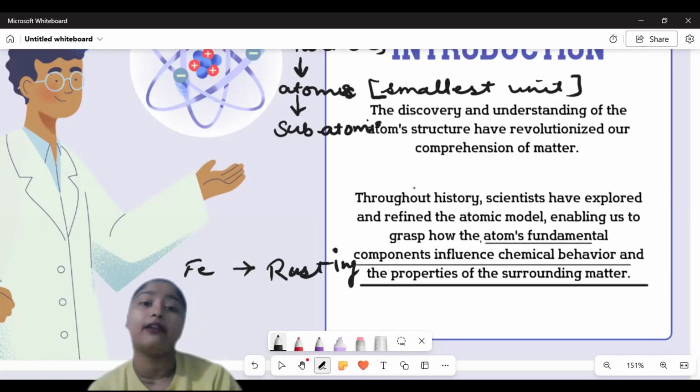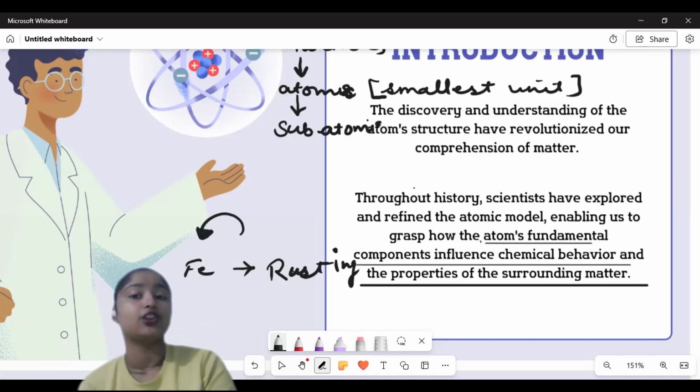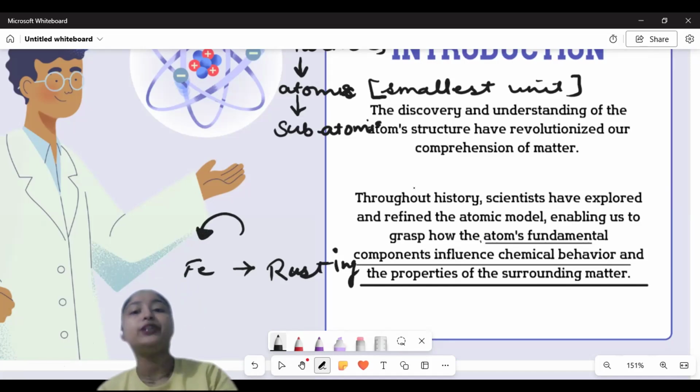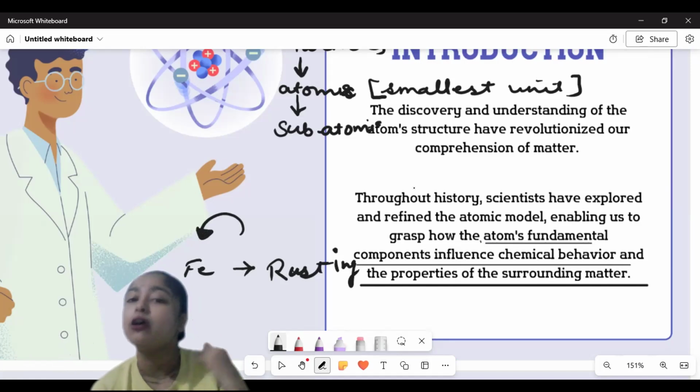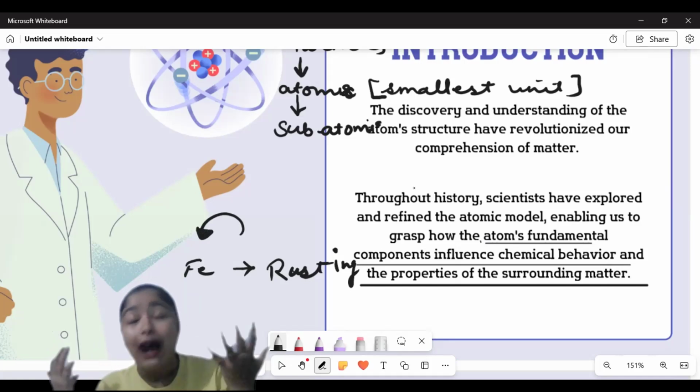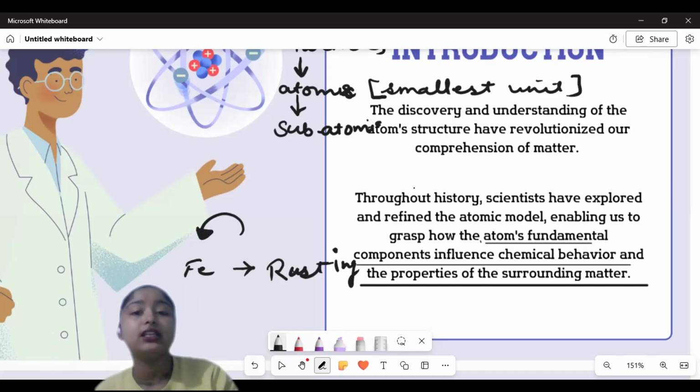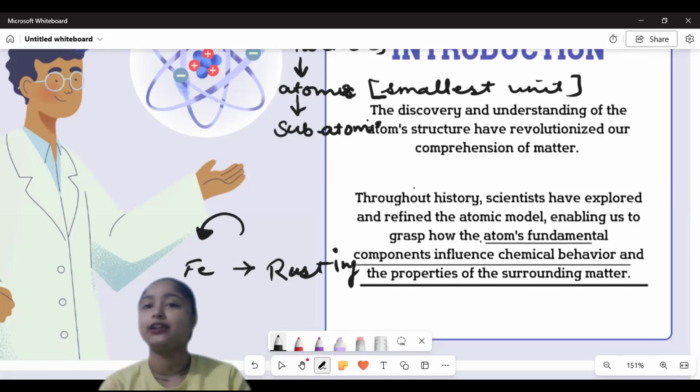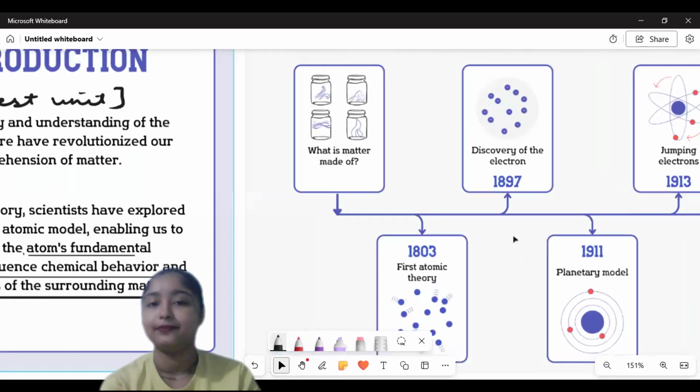You will understand when you understand what the iron's atomic structure looks like and how it reacts with other things. Iron reacts with oxygen and forms this rust, right? To understand why this happens, the behavior of chemical components, it is very important and essential that we know what an atom is.